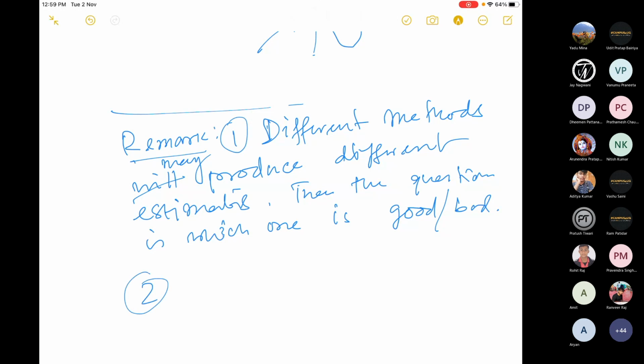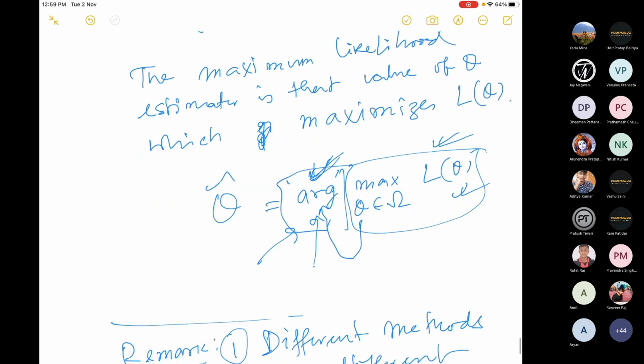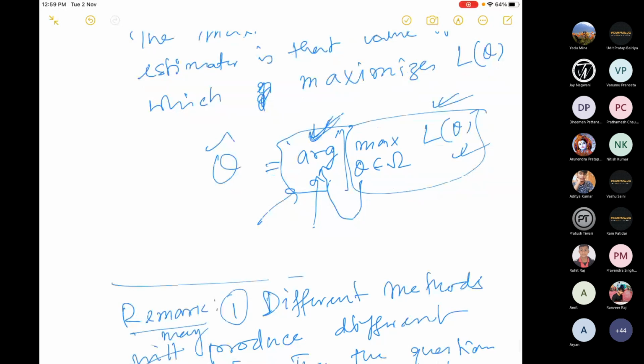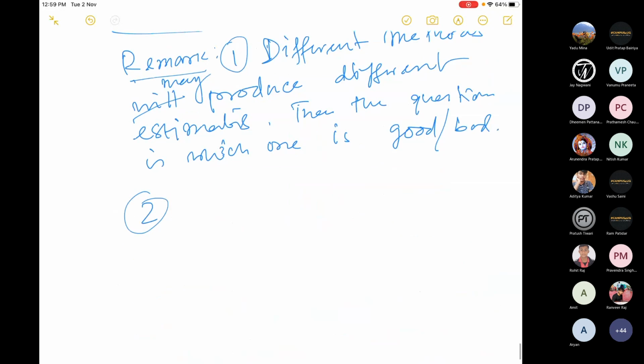The second remark is that using this method, I'm pinpointing a value to estimate. Let's say my population mean is 5, and I want to give you an estimate for 5. These methods are part of what is called point estimation, meaning I want to approximate the value of 5.